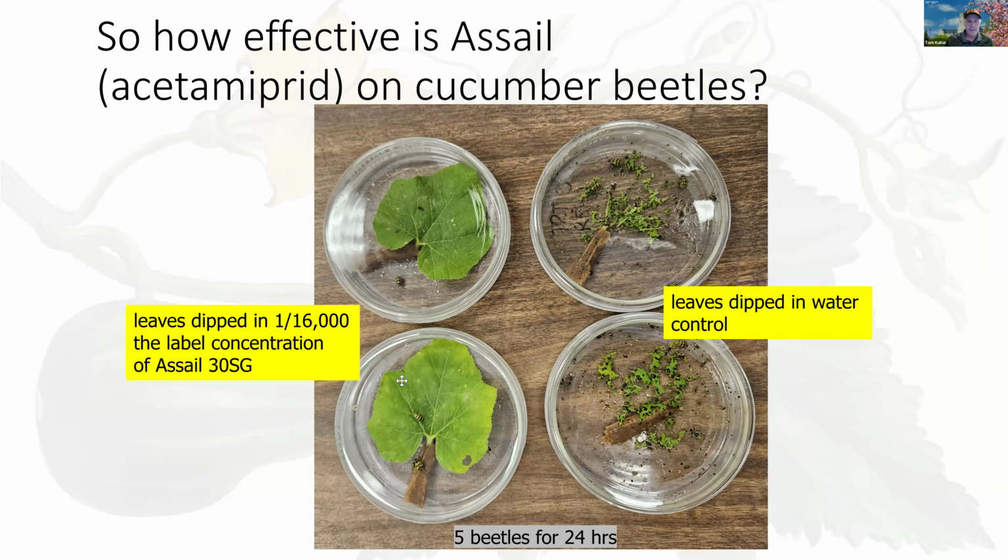So what you see to the left is 1/16,000th of the labeled rate that goes out in the field, diluted, of Assail. And then you see that they basically have virtually no feeding. We put beetles on them and put them in a petri dish. The control were dipped in water, and you see they just destroyed the leaves. And so, it works, and it actually can be diluted over time, and it's still working extremely well. And that's what the field data are showing.